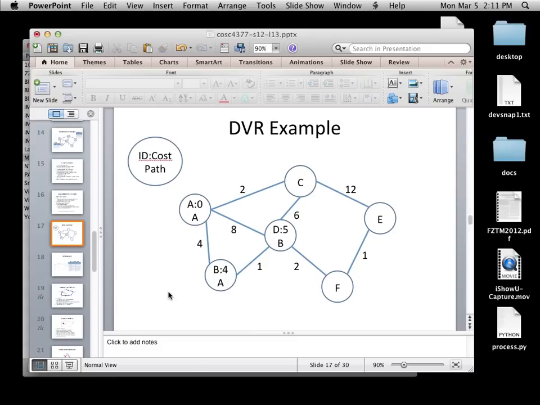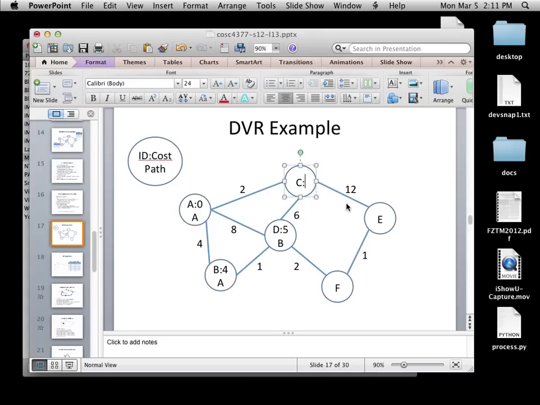But before it got a chance to update that message, D also advertised its path to C. So how is C going to update its table? Let's say cost is 11, next stop is D. So what is the packet that was transmitted by D? What does it contain?